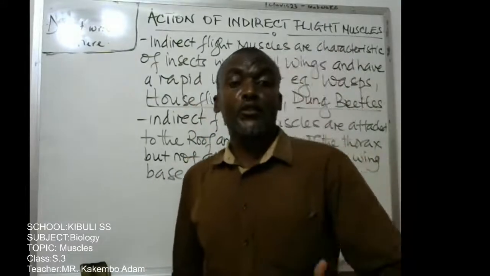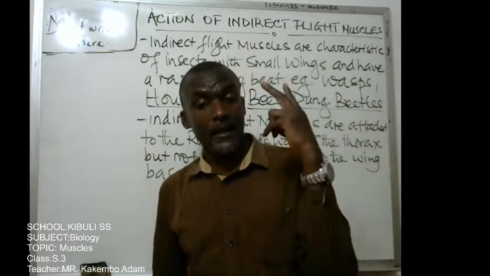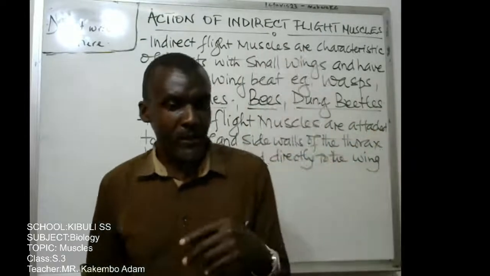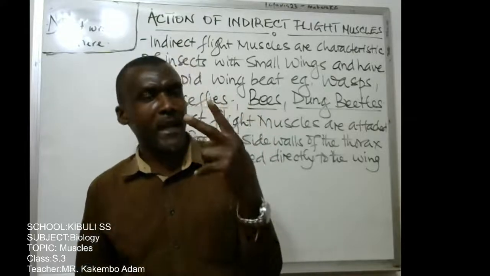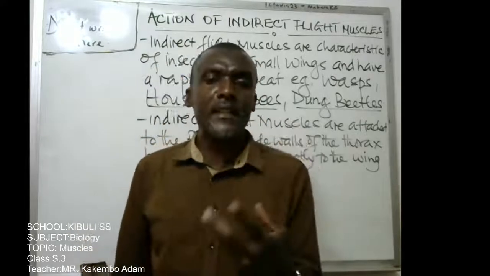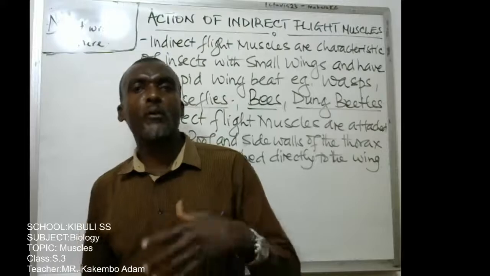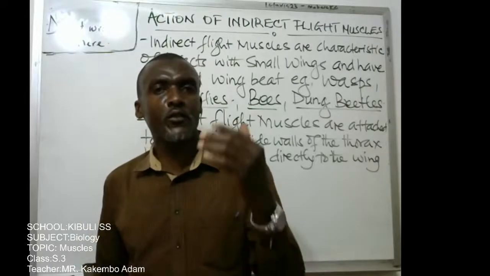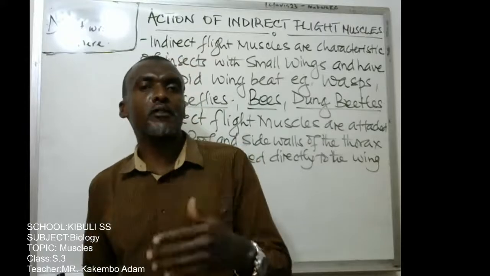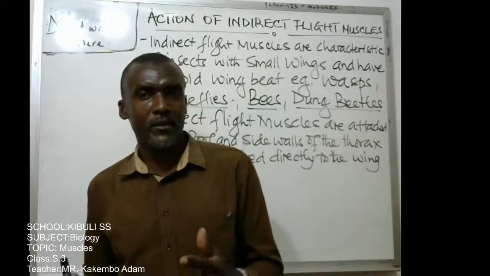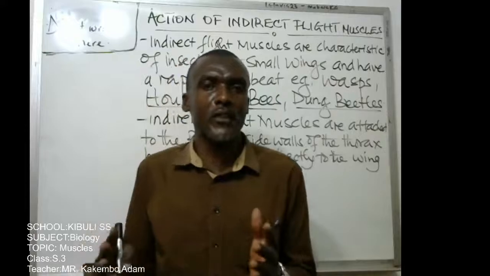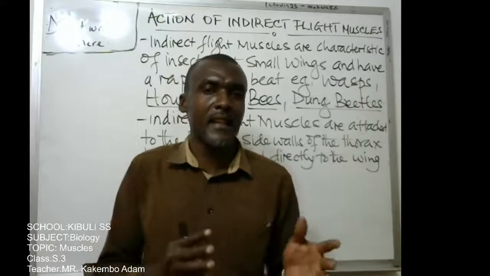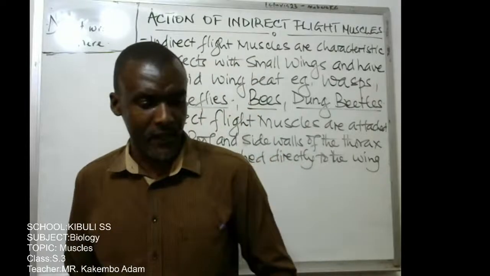So how are these muscles used? Remember, they occur in two pairs. And remember, we said muscles that appear in pairs work antagonistically. They bring about opposing effects to one another. As one muscle is contracting, the other muscle is relaxing. That mode of operation, where one muscle brings about an opposing effect to the other, is being antagonistic.